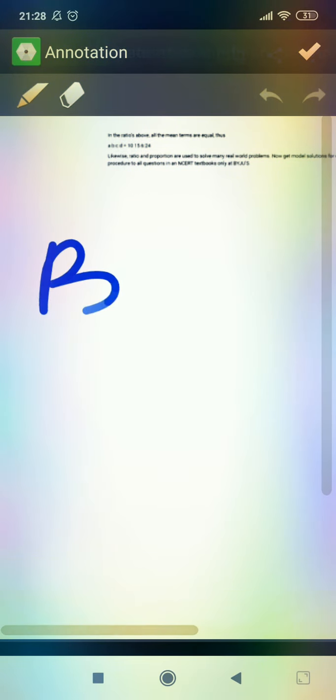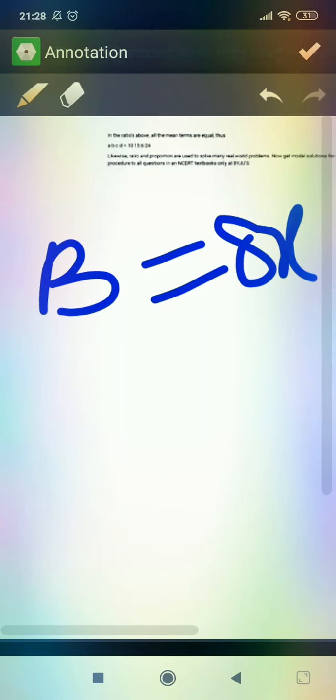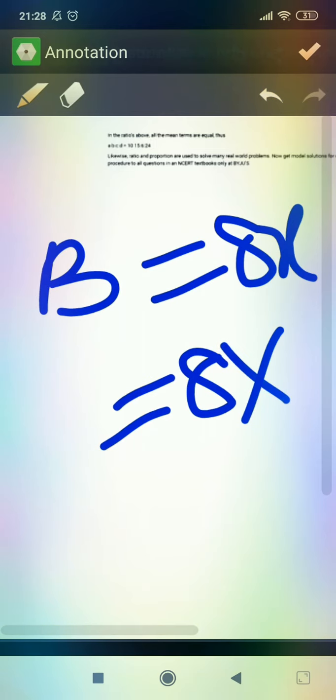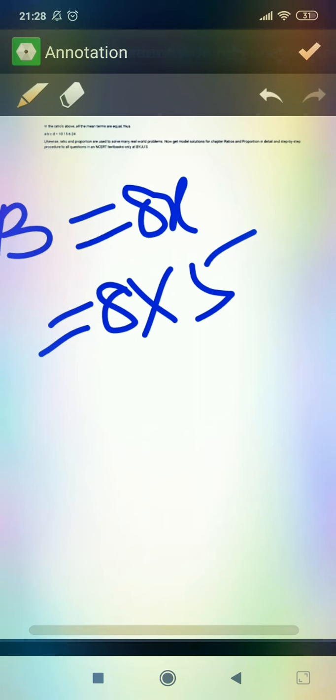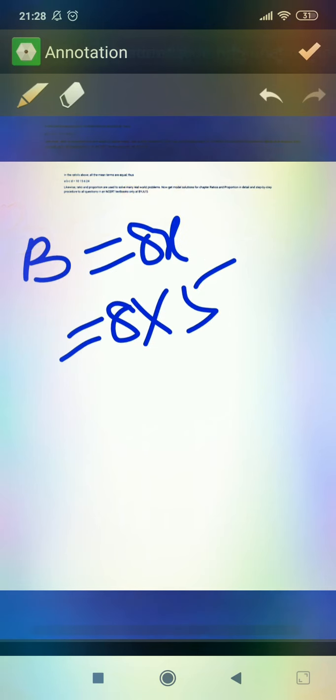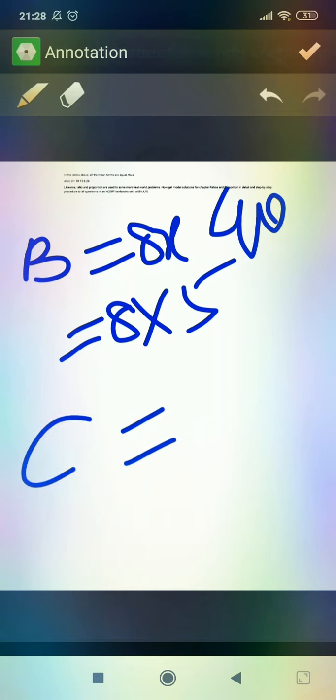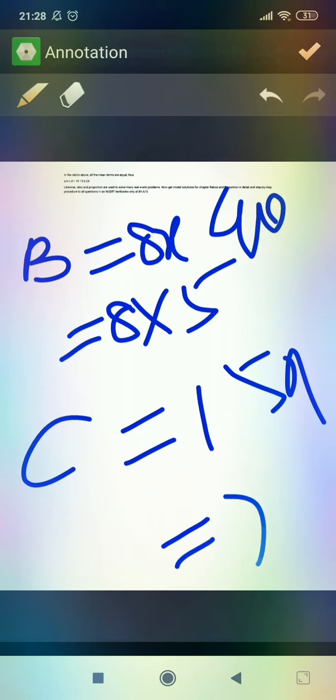So the B value is 8 into x, 8 into 5 is 40. Next, how much did C score? 15x. 15 into 5 is 75. That's it.